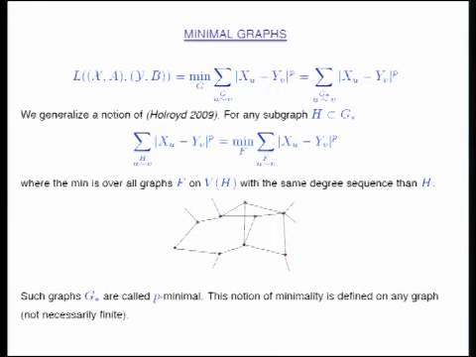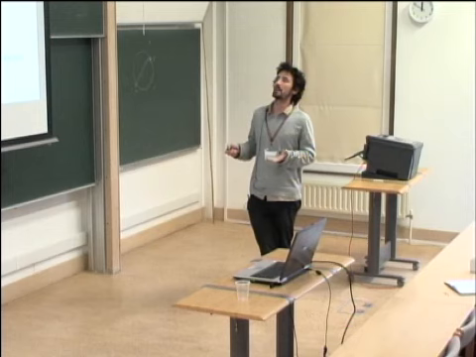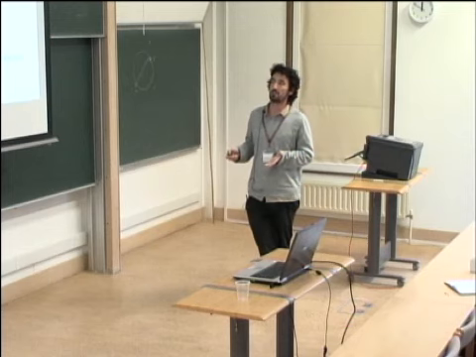There is no way to rewire the edges so as to get a sum of lengths which is lower, which is minimal by definition. And Holroyd calls this a minimal graph if for any finite subgraph you have this property, that you cannot rewire your subgraph to get a lower sum of edge lengths.